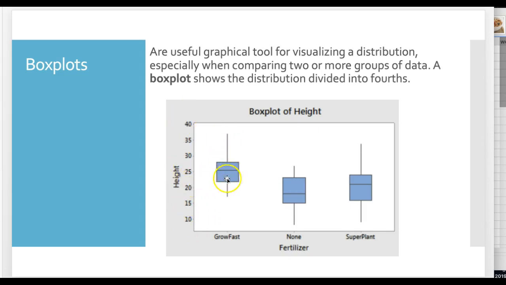By this box plot, 50% of the heights were between roughly 22 and 29, whereas here, 50% of the heights were between 15 and 22. So this is shifted completely above, and it's very easy to distinguish that this grow fast fertilizer is the most effective in growing taller plants.